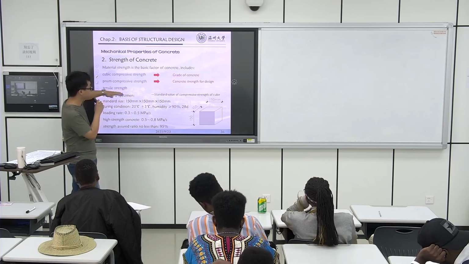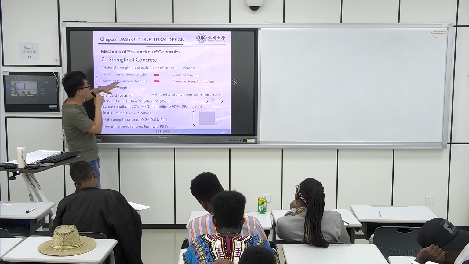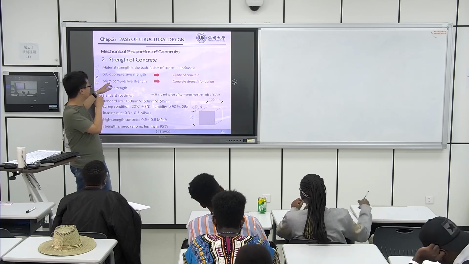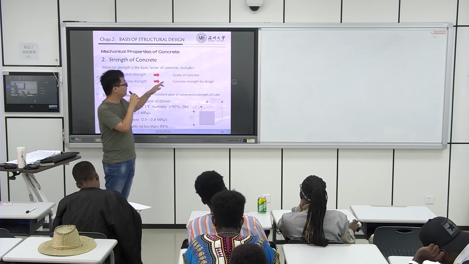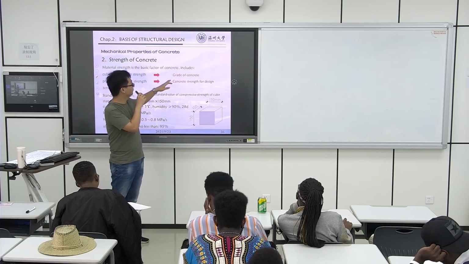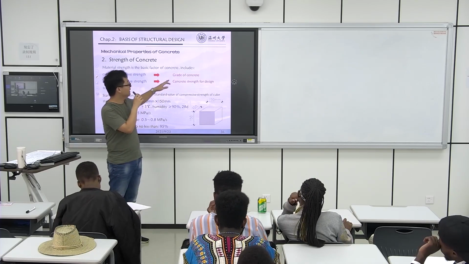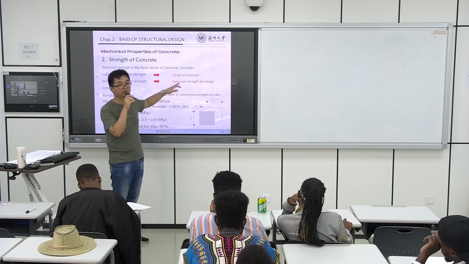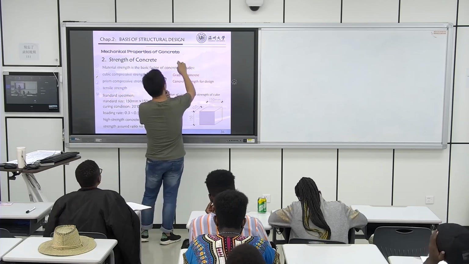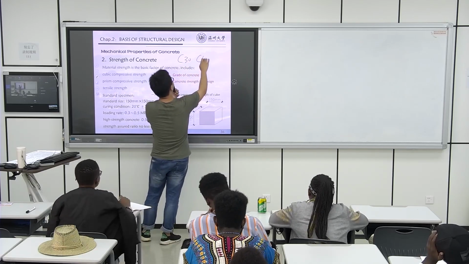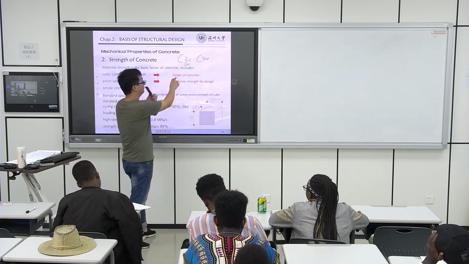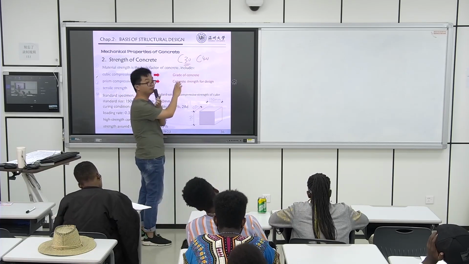Here are the three. At first, for cubic compressive strength, we always use this strength to classify the concrete grade. If we see C30, C40, this 30 represents the grade of concrete.